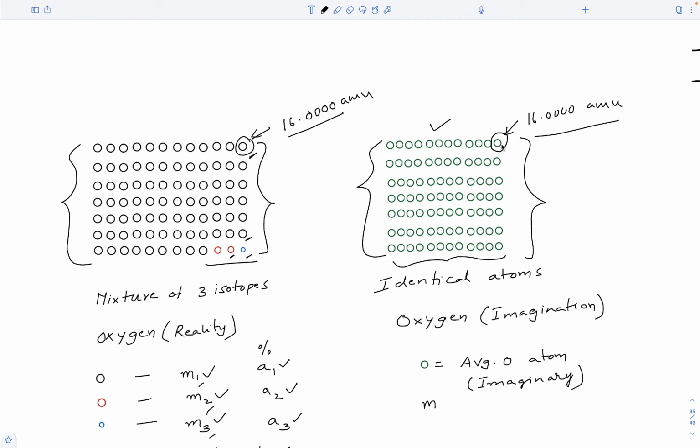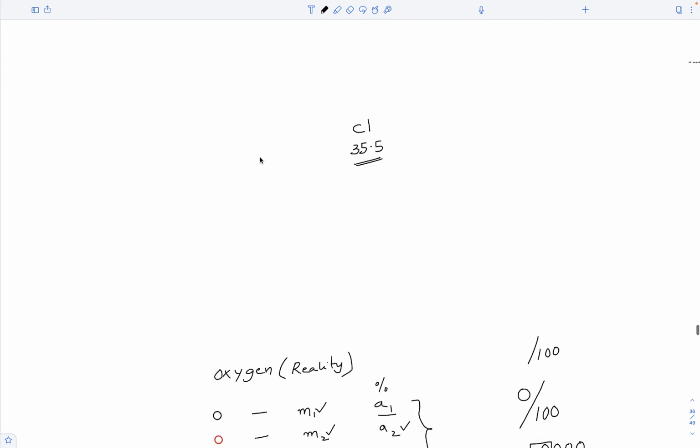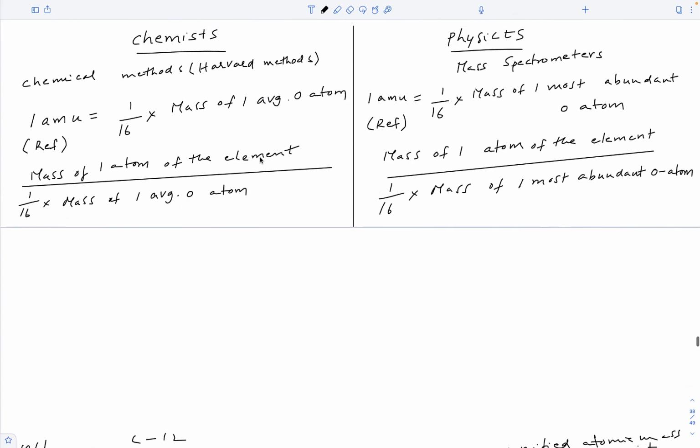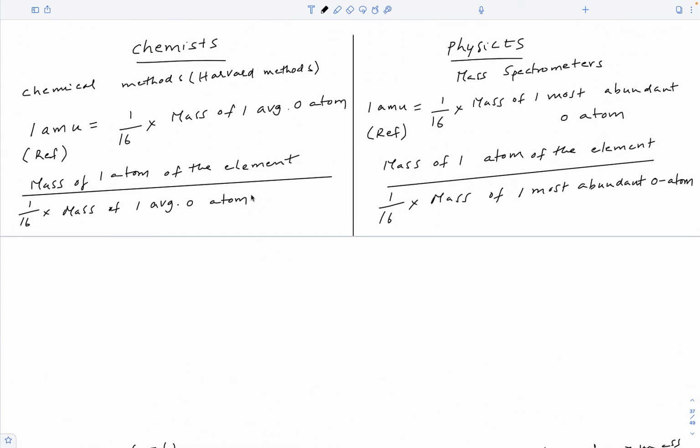So, the size of the reference used by the chemists and the size of the reference used by the physicists are not the same. Atomic weight is a ratio between these two masses. If these two references do not have the same masses, then these ratios will not be same. That means atomic weights determined by chemists and atomic weights determined by physicists differed by a small amount. They are not the same.